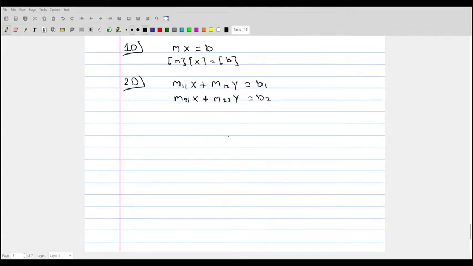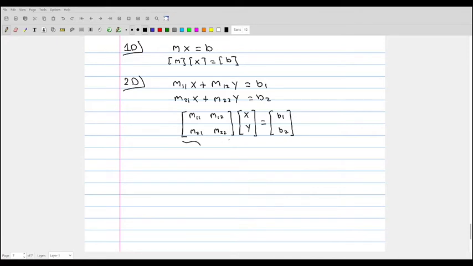This is the same equation as the matrix equation, the matrix m11, m12, m21, m22 multiplied by the vector x, y is equal to the vector b1, b2.